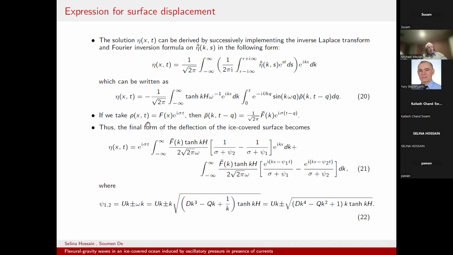If we take p x t of the form f x e to the power i sigma t, then p bar is given by 1 by root 2 pi f bar k e to the power i sigma t minus q. Thus, the final form of deflection of the ice covered surface becomes as given in equation number 21, where psi 1 and psi 2 are mentioned in equation 22.